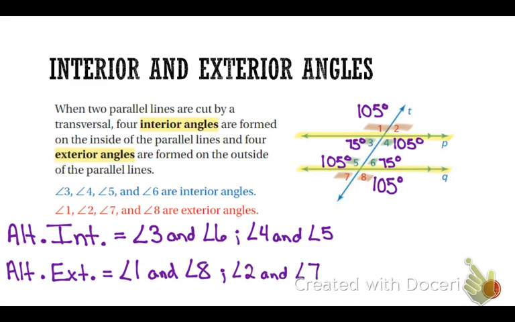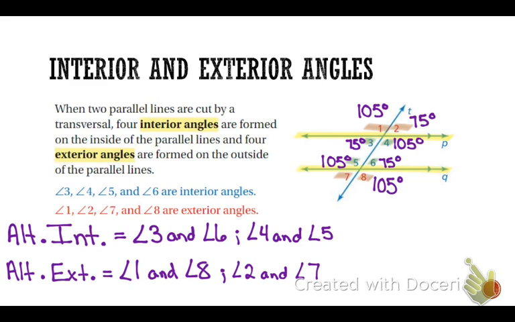And we know that their measures are the same. So anybody have a guess at what angle 2 would be? 75, because why? Name your reason. There's a lot. Corresponding with, vertical to which one? Vertical to 3, supplementary, corresponding with 6.